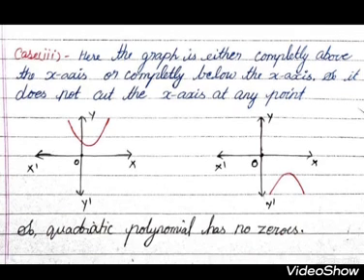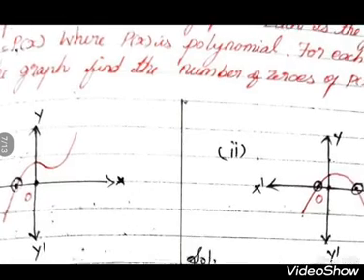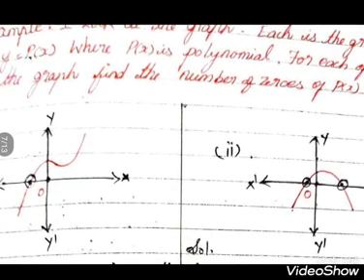Next we move on to the example. Example 1, look at the graph. Each is the graph y equal to p of x, where p of x is a polynomial. For each graph, find the number of zeros. First observe the first graph, and then the second graph.